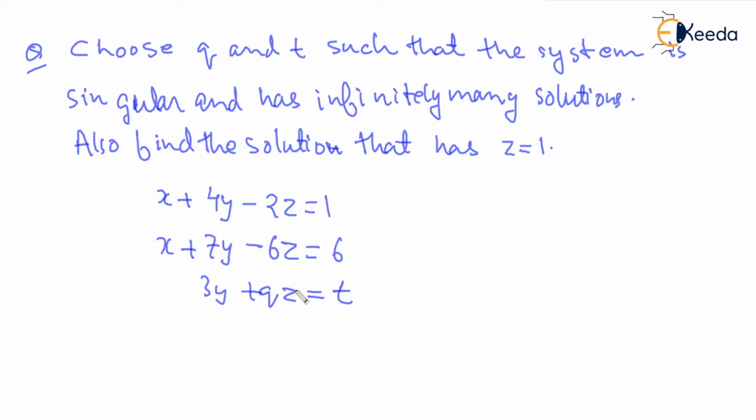Choose q and t such that the system, so the system will have this matrix of coefficients, right? That makes the system singular, not this column, such that the system is singular and has infinitely many solutions. So we know the conditions for infinitely many solutions in the case of consistent non-homogeneous equations, right? And also we have to find the solution that has z equal to 1.